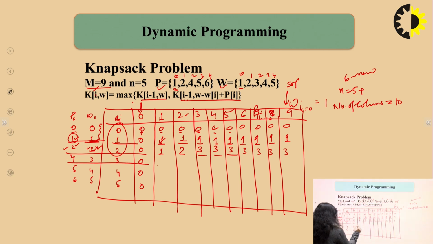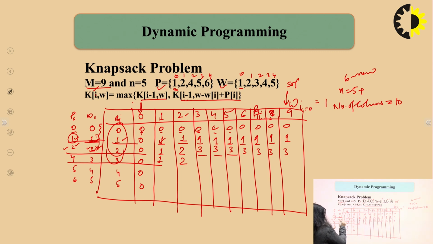Similarly, if I come here, another object will be open to me, so I can select between 1, 2, 3 and their combinations. When the weight unit is 1, only 1 can be added. When the weight unit is 2, only 2 can be added. And when the weight unit is 3, I can add 1 and 2 together, or I can take 3 individually.